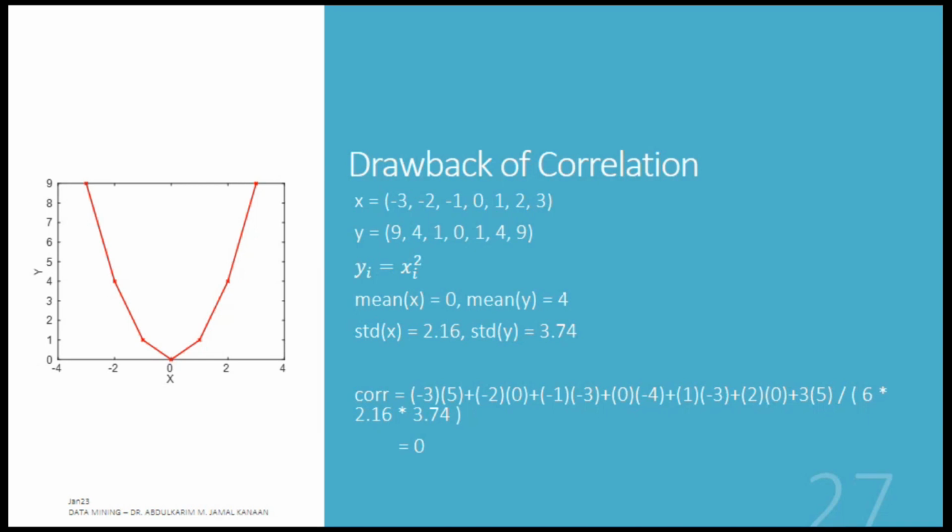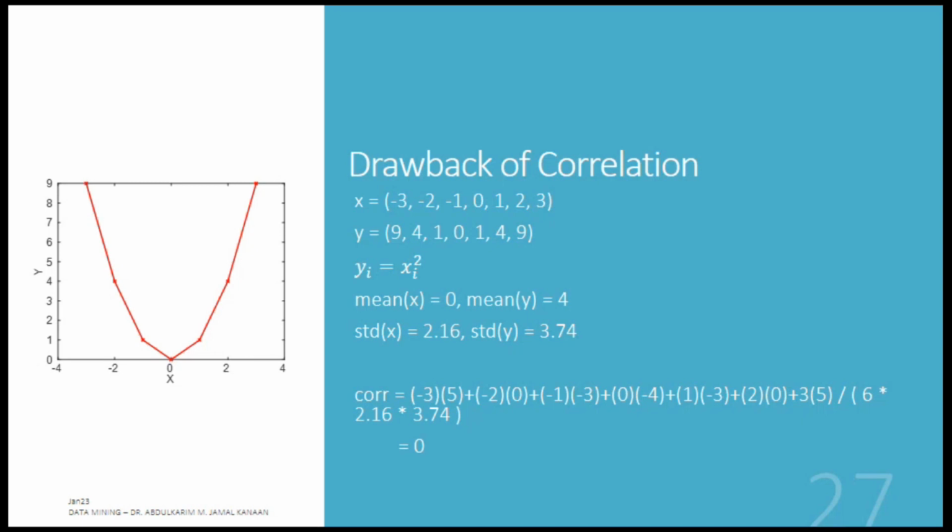Then as we move forward, let's say at 0, x has increased but y has decreased, correct? So we have negative correlation at this stage until here. After 0, things start to change. X still increases, but y, instead of continuing to decrease, starts to increase.